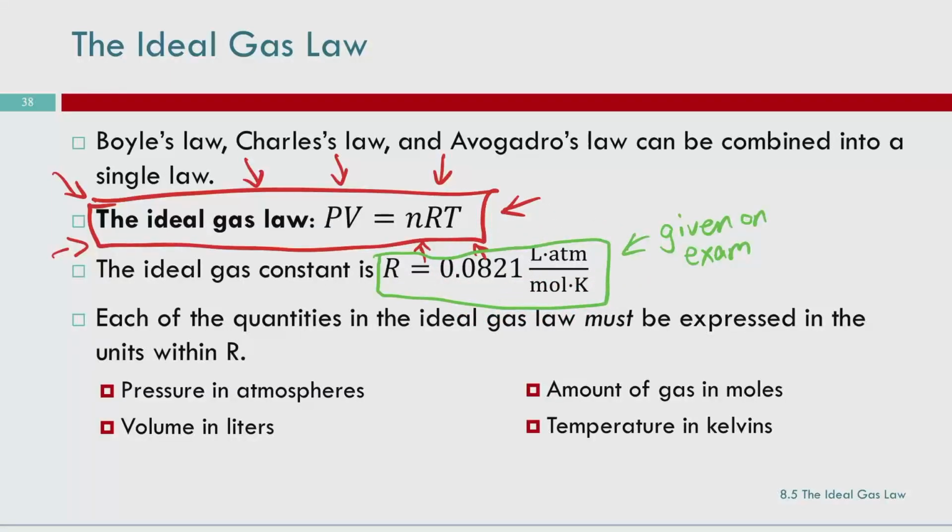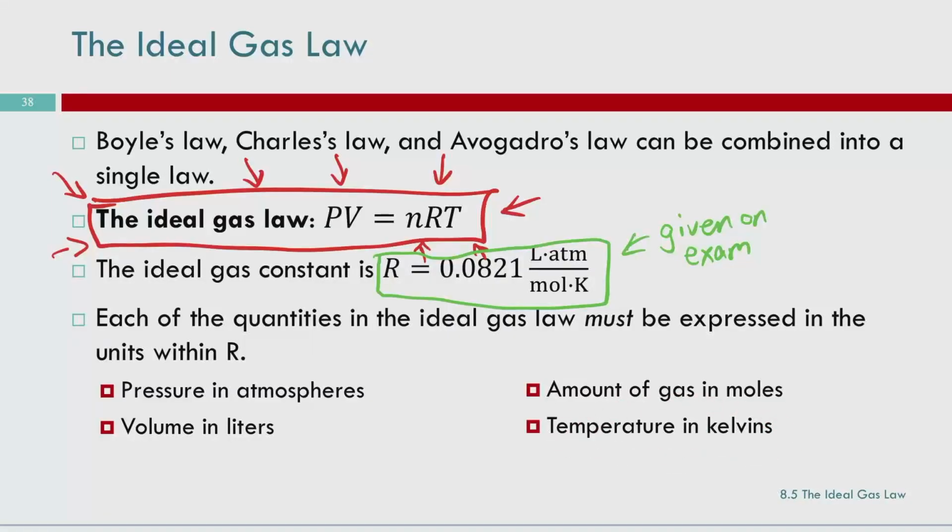One thing that's really nice about the R value, it's not nice that it has so many units, but it is nice because it tells us what units everything else needs to be in. So our other quantities have to be in the same units that R has. So our pressure needs to be in atmospheres. Our volume needs to be in liters. Our amount of gas needs to be in moles. It's pretty much always going to be in moles anyway. And our temperature needs to be in Kelvin.